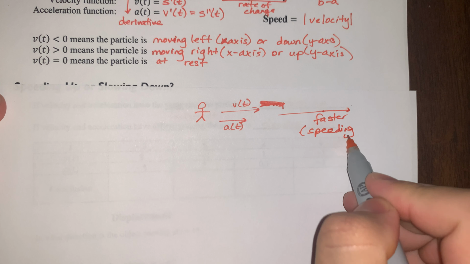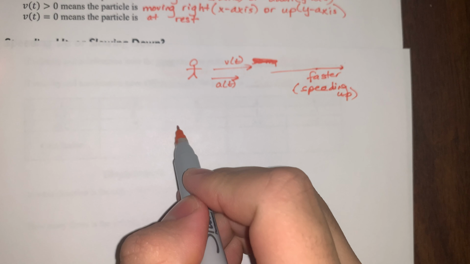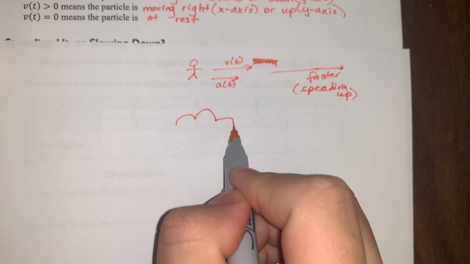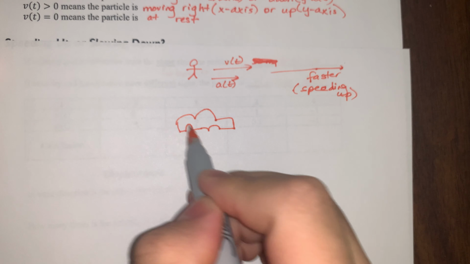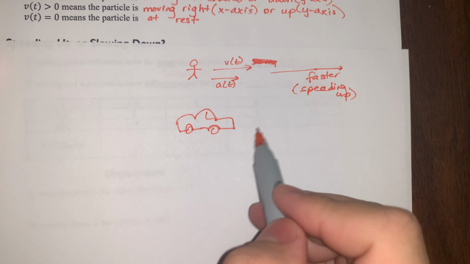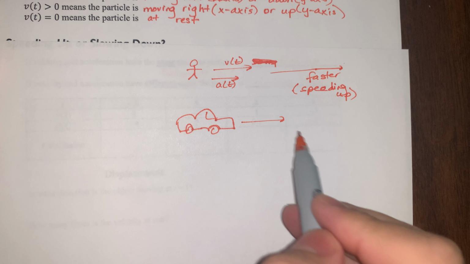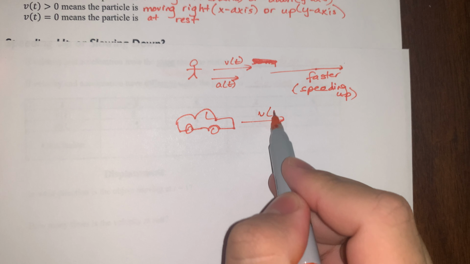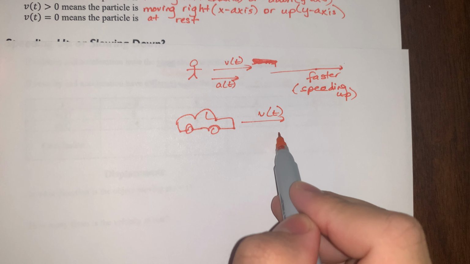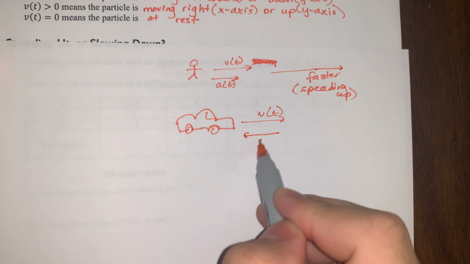But let's say that you're driving a car. Let's draw this. Oh my God, that is one of the worst cars I've ever drawn, but you get the point. Let's say you're driving a car and you press the brakes. Now, the velocity is going in this direction, but the acceleration is going in the opposite direction.